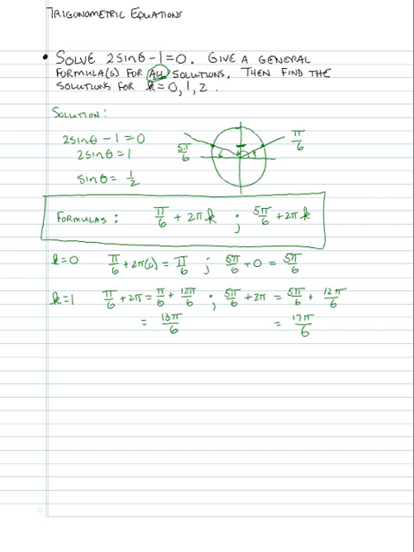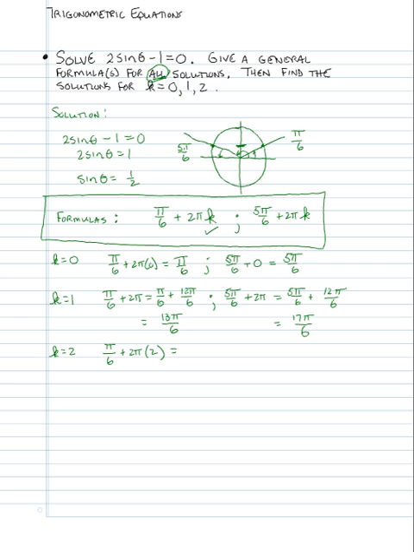Now, on the other hand, if k was equal to 2, we might start seeing a pattern here. I'll illustrate that pattern in a moment. If k is 2, then we have pi over 6 plus 2 pi times 2, from the formula up here.